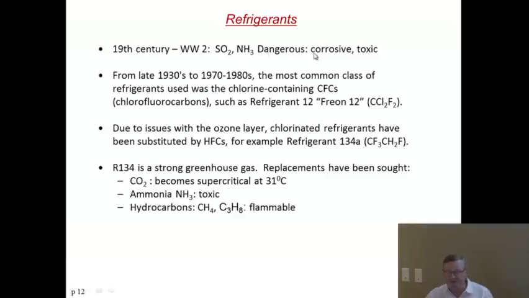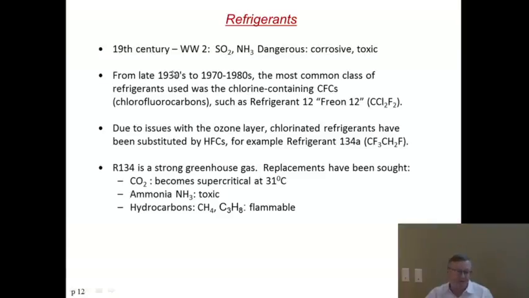These things are dangerous, corrosive, toxic, and so on. So it was okay on fishing boats because they were on deck, and if they exploded, that dirty stuff went out in the atmosphere. But it's totally unusable in closed spaces, of course, and so this was very quickly abandoned.